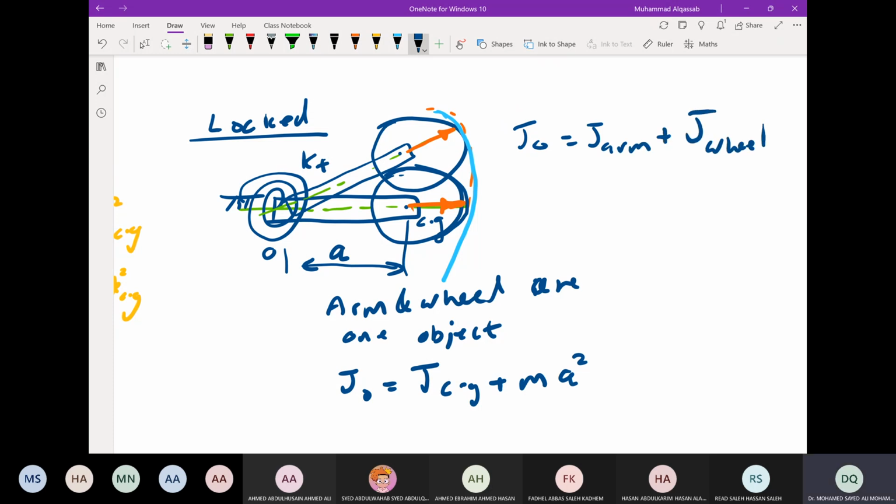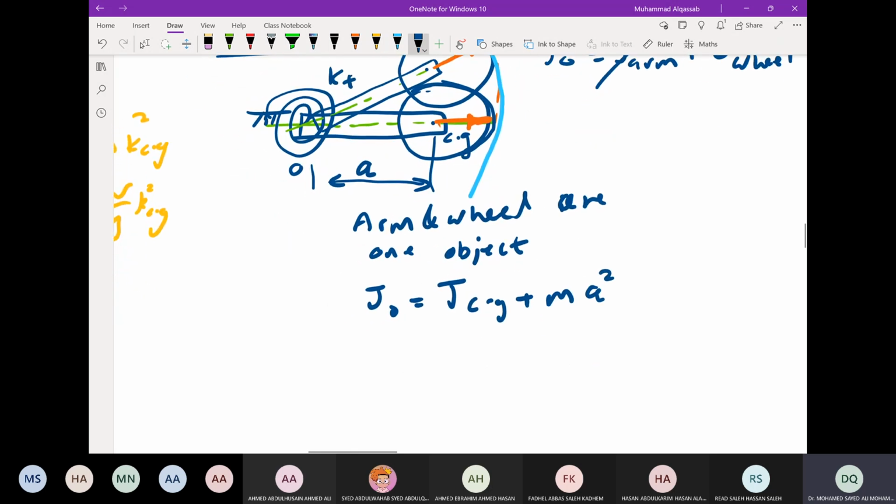Since the moment of inertia of the arm is 0, this will be only of the wheel. So JO equals the moment of inertia of the wheel, obtained by the parallel axis theorem, JCG plus M A squared. A is the distance from O to the center of gravity. Okay, and then that's it.